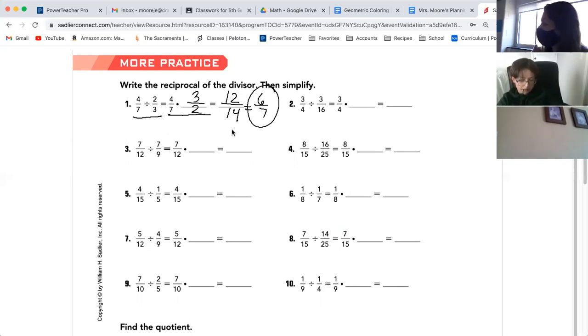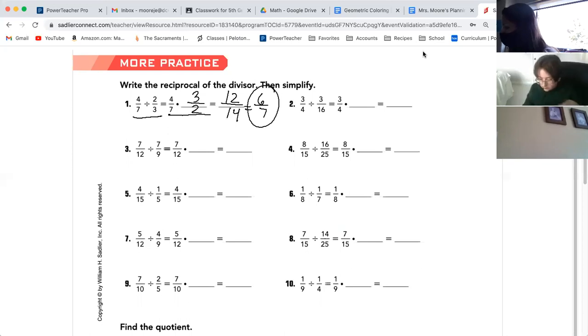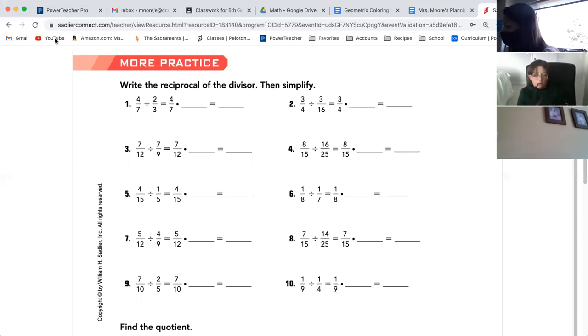Is that too far away? Should I zoom in? We okay? All right, let me see if I can zoom in a tiny bit more. Come on. Get out of the way.